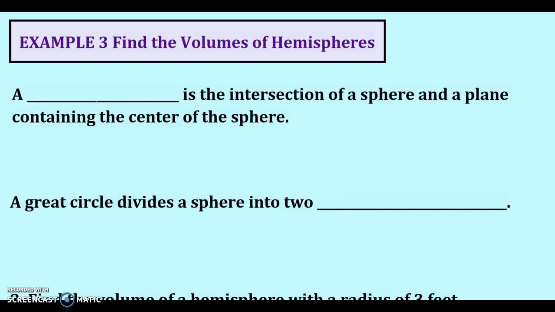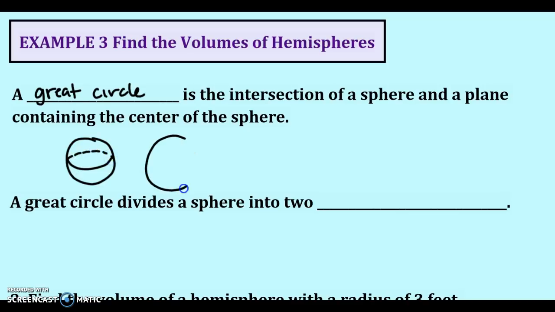We're going to define a couple terms here with volume and with spheres. We have to talk about hemispheres. First, a great circle is the intersection of a sphere and a plane containing the center of the sphere. Essentially, it's the line around the sphere that is going to cut it directly into two equal hemispheres.